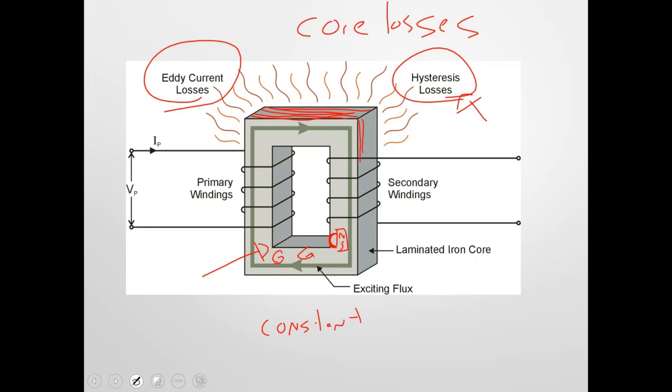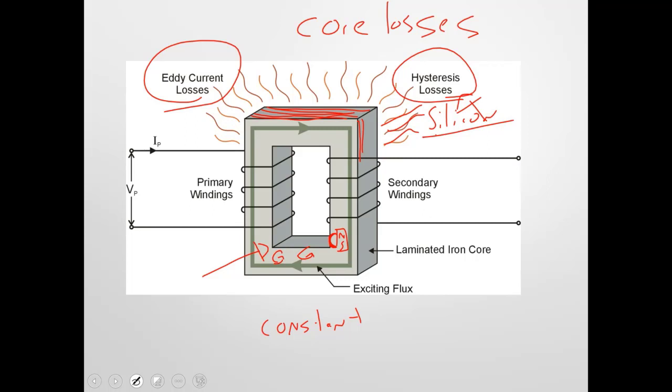This creates basically internal friction, and heat. So we have a heat loss due to that too. What they do is make the core with something called silicon steel, and that tends to reduce the effects of hysteresis.